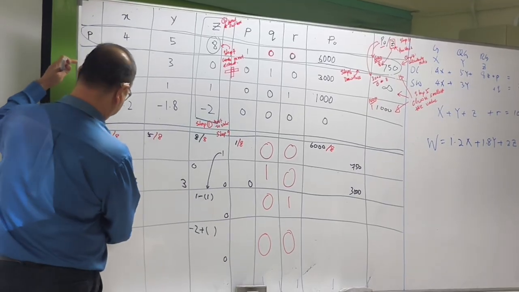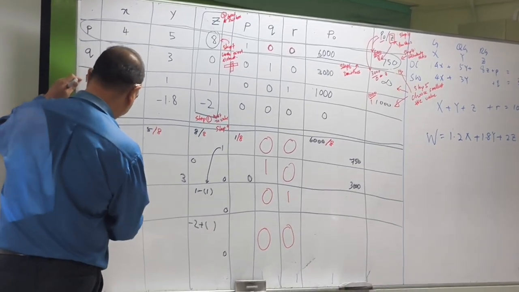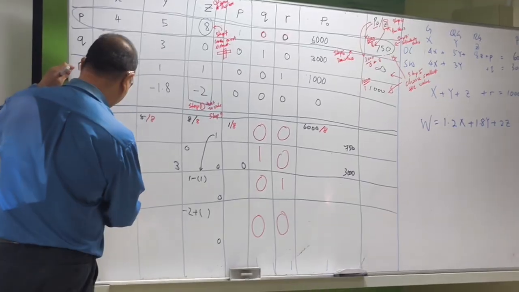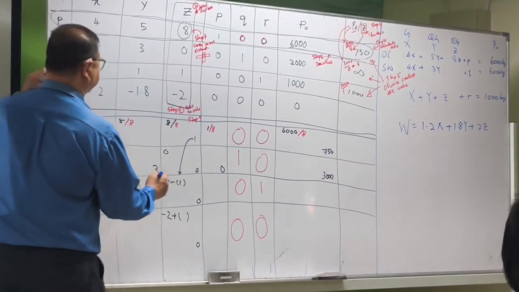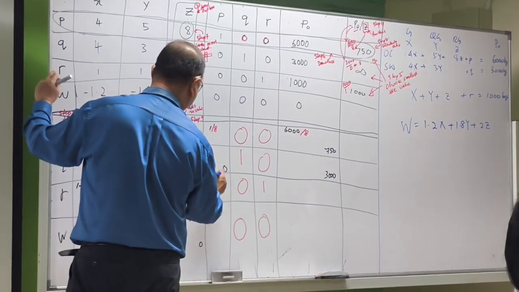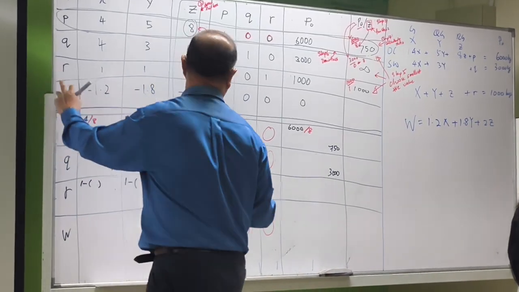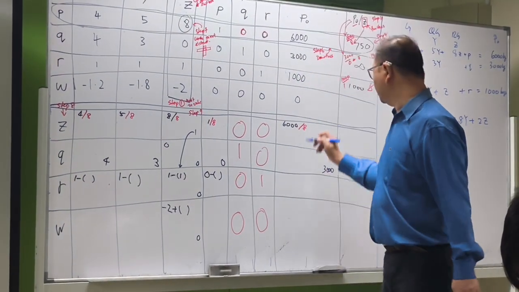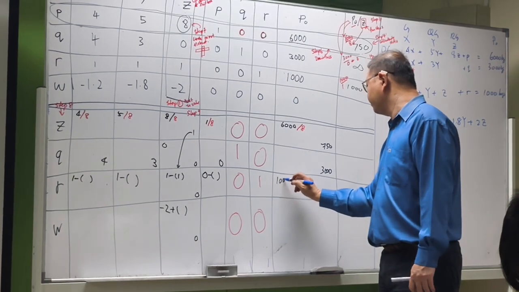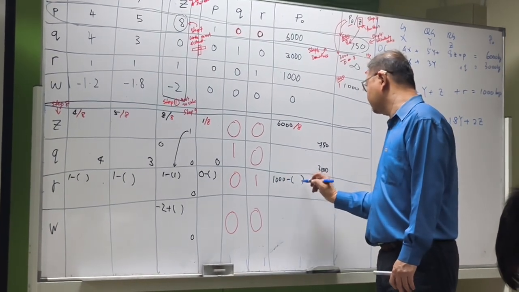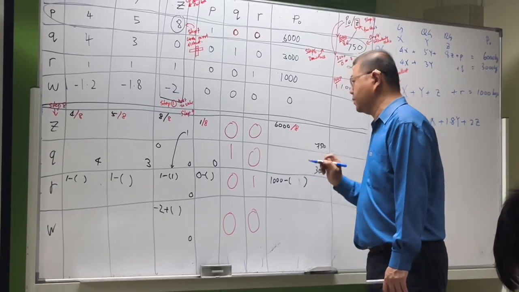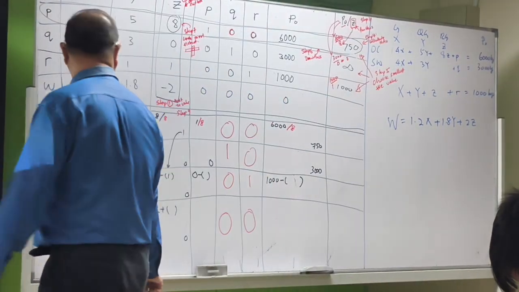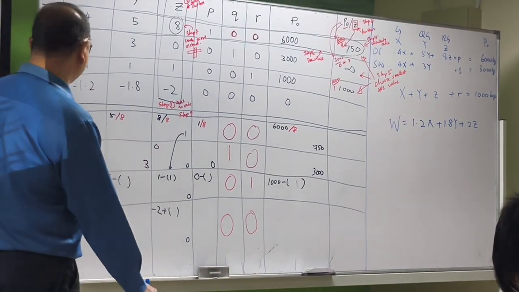So row R: original value 1 minus bracket, 1 minus bracket, 0 minus bracket, 1,000 minus bracket. So what do you put in the bracket?